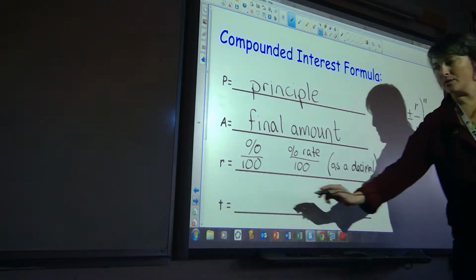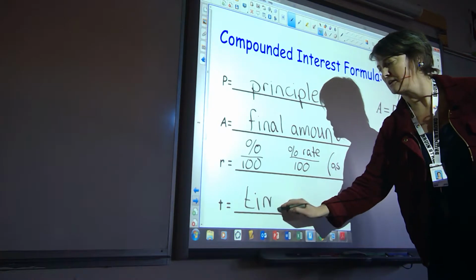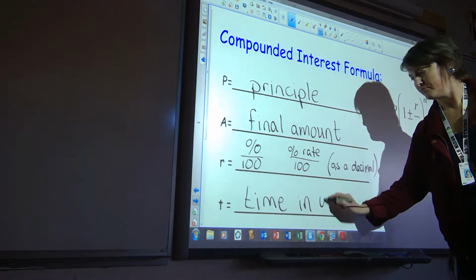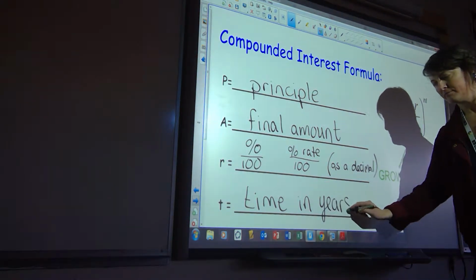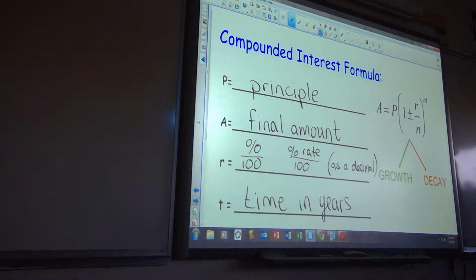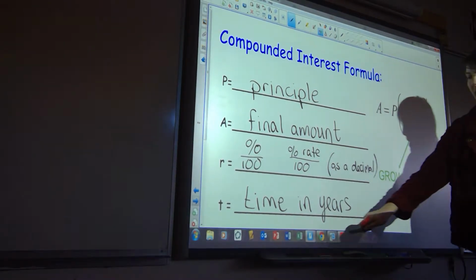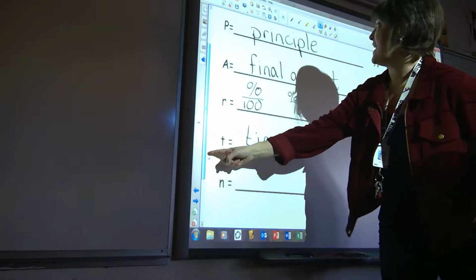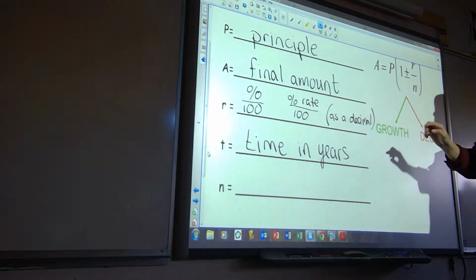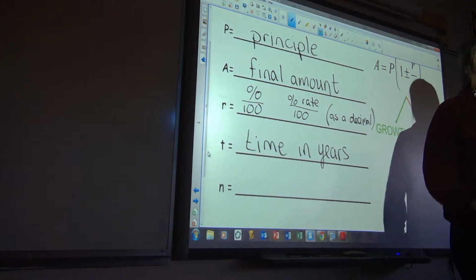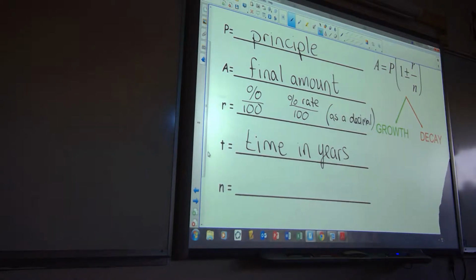And T is always your time in years. Make sure that's always in years. And lastly, this N value, which is the new part to this formula, is the number of times we are compounding in a year.